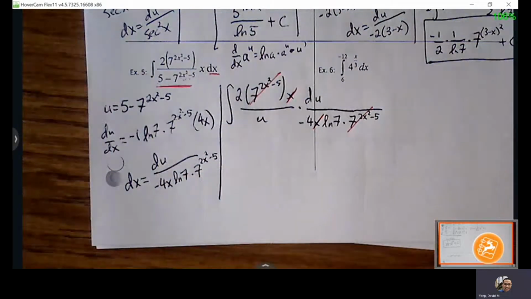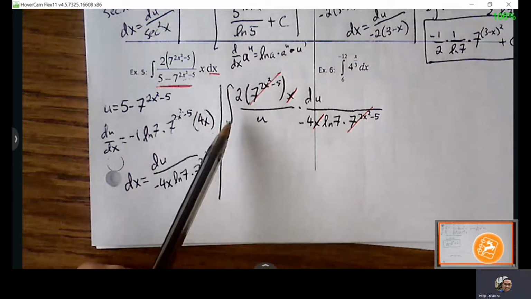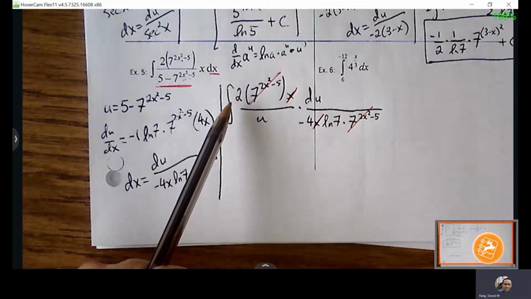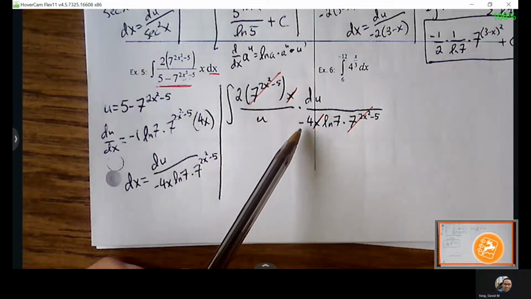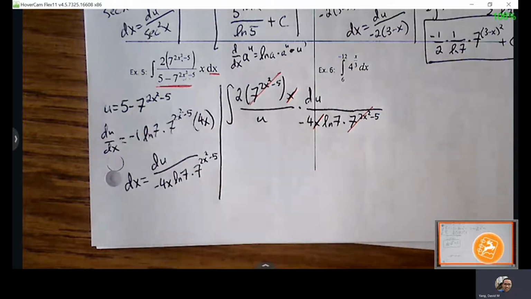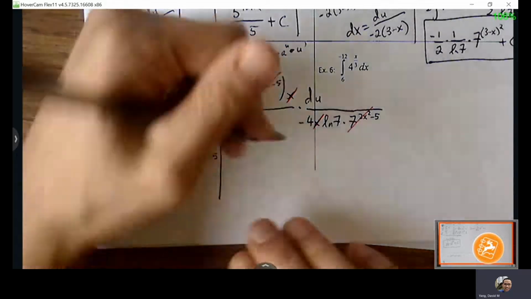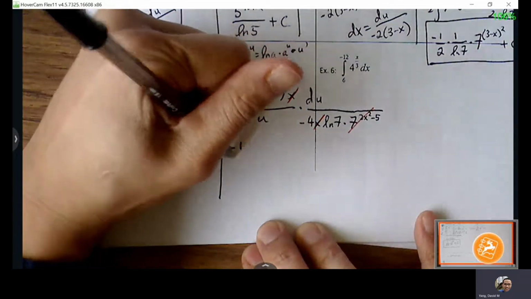Everything else is okay because those are just coefficients that we can push out in front. Okay, so what can I push out in front? Okay. Yeah, so the 2 and 4, I'm just looking to reduce that to be -1/2, and then the natural log of 7 can go along with it. So this is what I have.